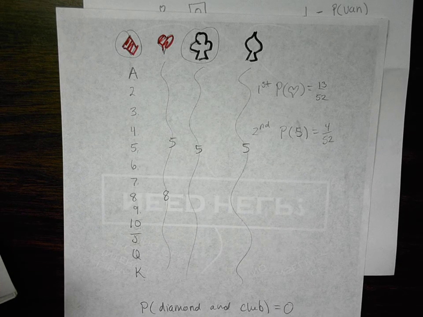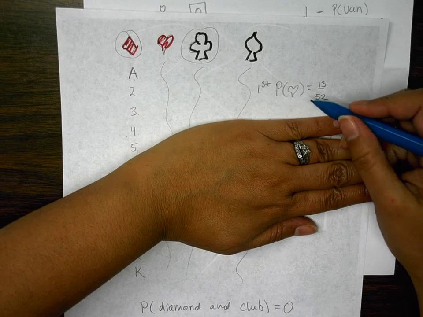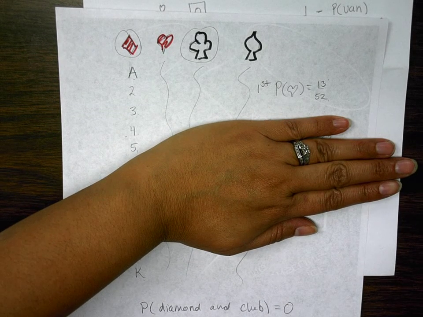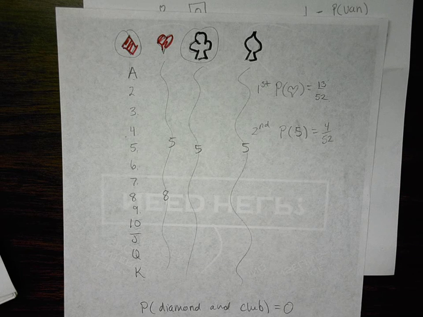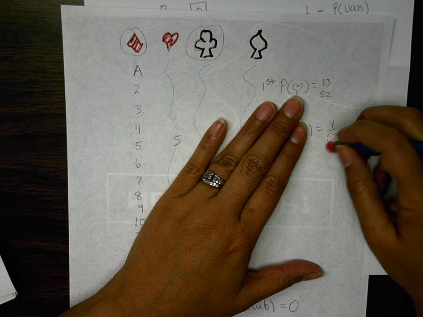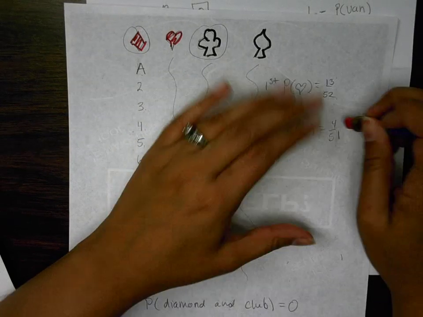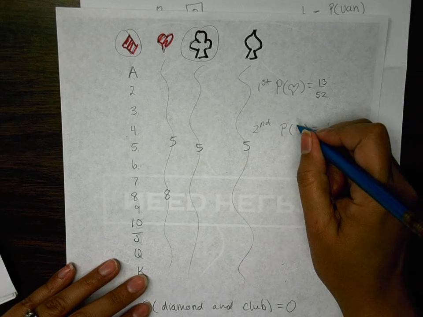I took out the first one. What's the probability it is a heart? 13 out of 52. I did not replace it. What's the probability it is a 5? 4 out of, is it still 52? It's out of 51. Even if that 5 were a diamond, do diamonds and hearts overlap?